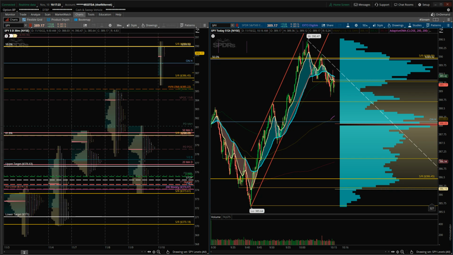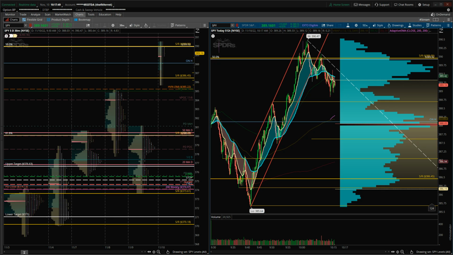So think of it this way. I'm going to put this line back, but if we imagine that this line doesn't exist, then we've got a wider consolidation point where we would start to see this thin area in the profile build out more. And then that volume spike below us starts to become part of this upper bell curve.